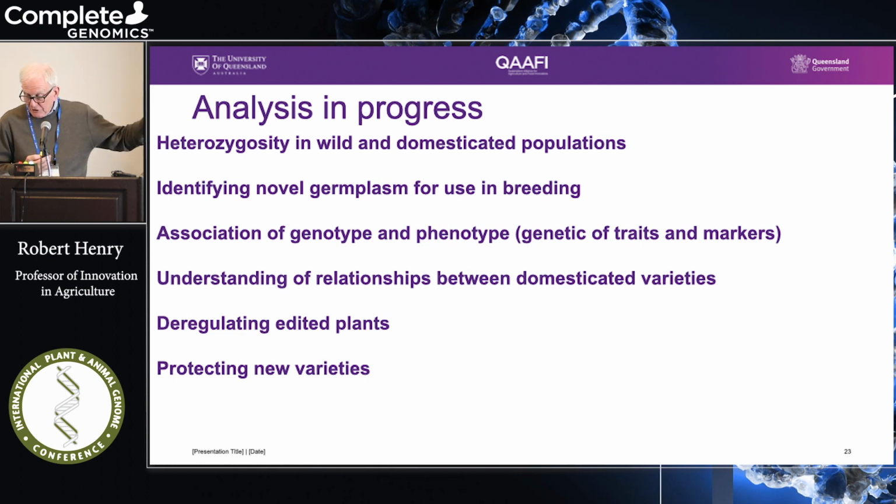Some of the other applications that are beyond what we're doing here in the macadamias that we're really pushing in terms of analysis is the deregulation of edited plants. In Australia, as in many other countries, if we use CRISPR systems to knock out a gene, it's not a GMO, but we need to prove that that's the case to satisfy the risk-averse lawyers in our institutions.